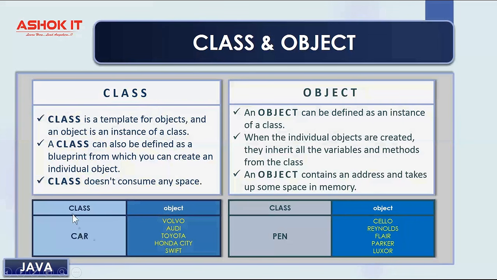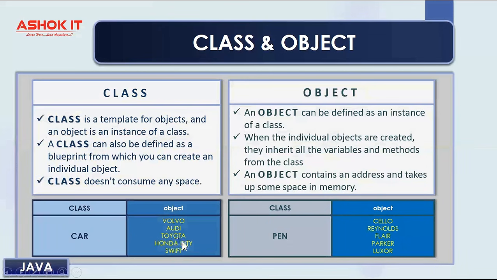So now let's take a simple example here for class and object. Here we have a class Car, and we have the objects created for this class Car as Volvo, Audi, Toyota, Honda City, and Swift. Without seeing the class, if we are just seeing these objects, Volvo, Audi, Toyota, this may or may not be the name of a car.